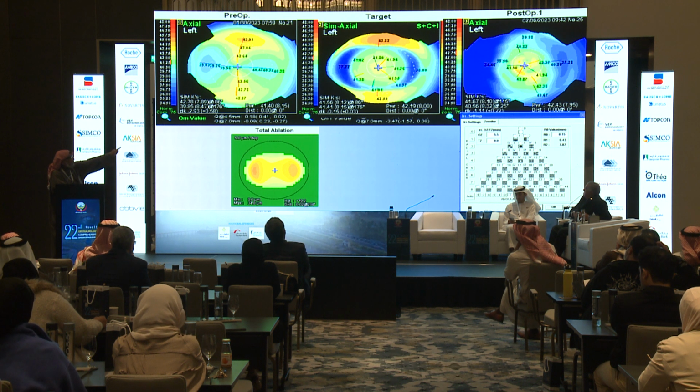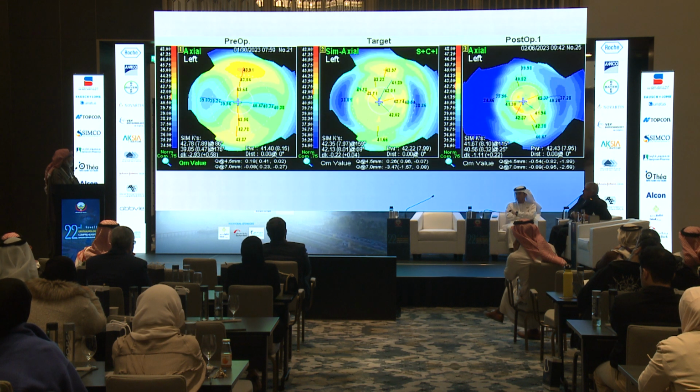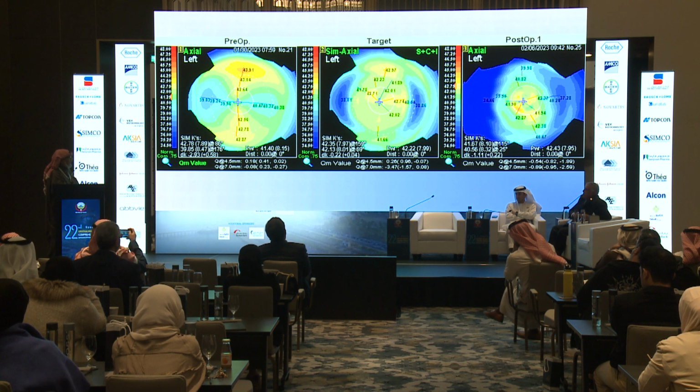And this is the target, and this is what I have. This second day, you will say it looks ugly. Yes, because it's the second day, it's not healing yet. But when you reach it, look at the difference between this astigmatism and that shape, only by 19 microns. And this is the magnification of the picture. Okay?